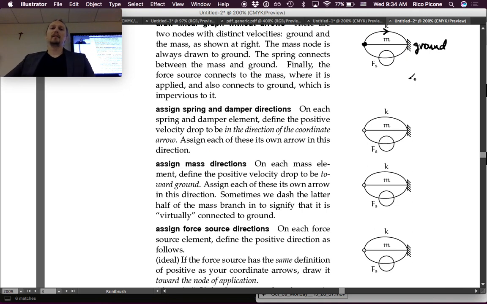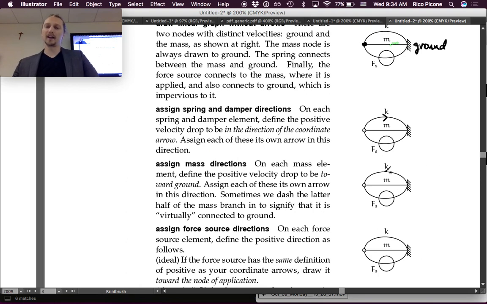And then we assign mass directions. So on each mass element, so masses are easy, define the positive velocity drop to be toward ground. Masses always connect to ground, so just always draw the arrow towards ground. Assign each of the elements this way. So we already had, oops, I drew that arrow up on that one. I wanted to draw it there.